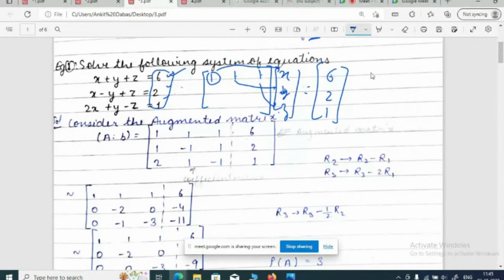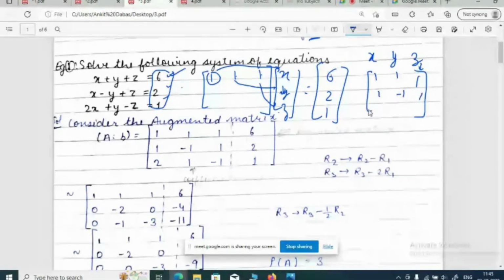For writing the matrix representation, we write the coefficients of variable x here, of variable y here, and of variable z here. So we have 1, 1, 1, 1, minus 1, 1, 2, 1, minus 1. This matrix A, along with the entries on the right hand side, is called the augmented matrix.